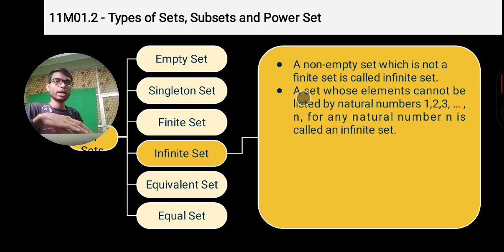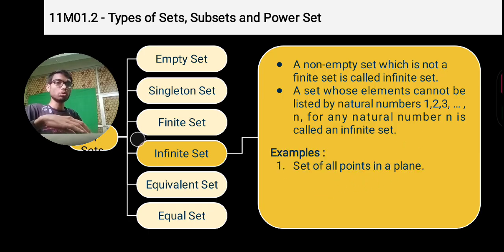Clear? A set whose elements can be listed by natural numbers 1, 2, 3, ..., n, for any natural number n, is called what? An infinite set. And n is what? Not a natural number, but the number of elements.